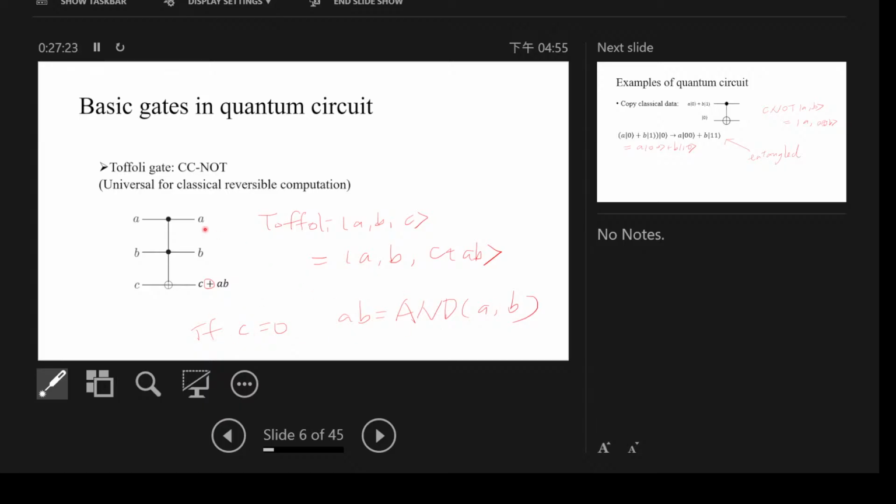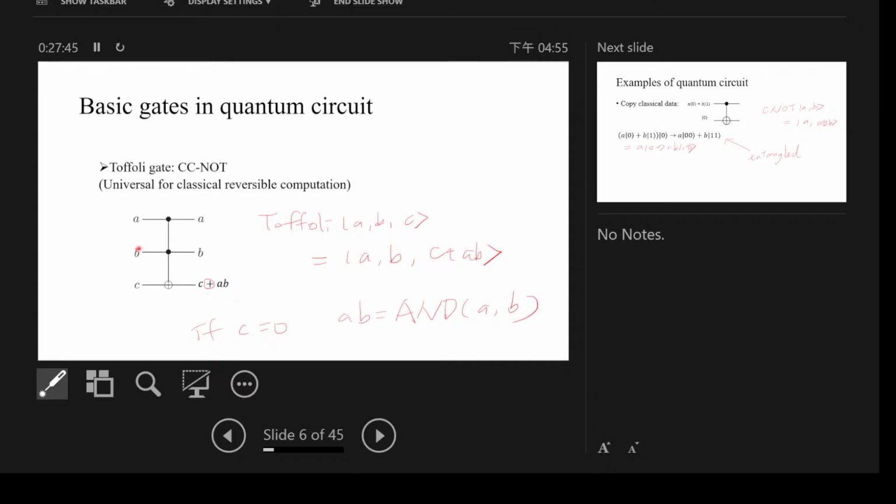Okay, so why do people like the Toffoli gate? Because of classical computation. The Toffoli gate is a universal gate for classical reversible computation. So we know that if we can implement the Toffoli gate, then we can do every classical computation.